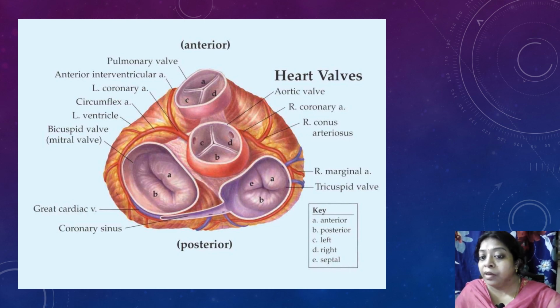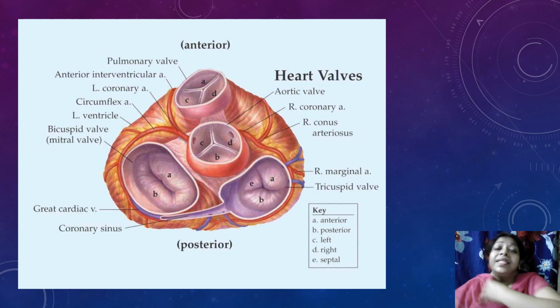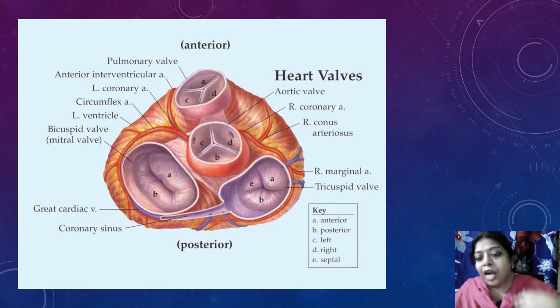Next one will be the pulmonary valve. The pulmonary valve is otherwise called a semilunar valve. Where are these semilunar valves found? The semilunar valves are found in the arteries.